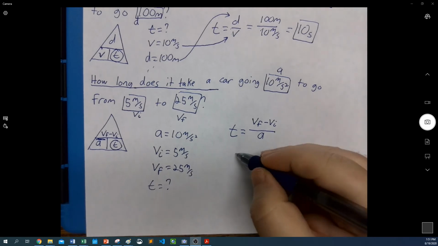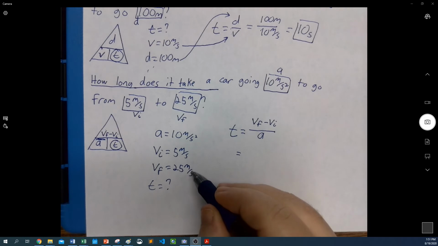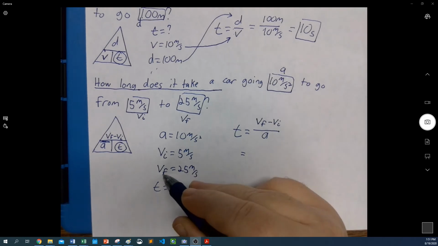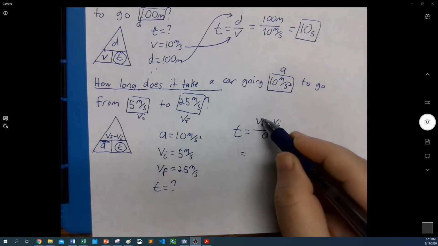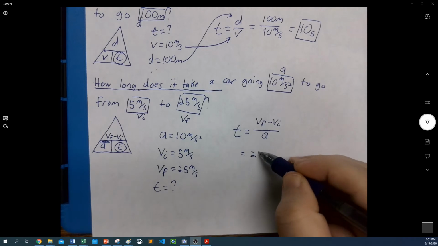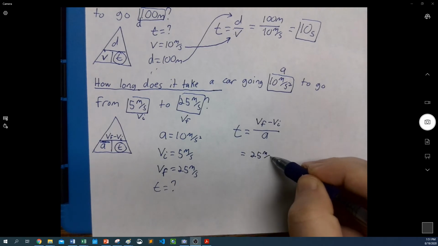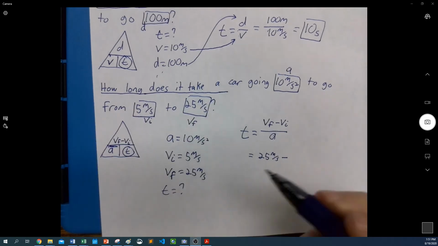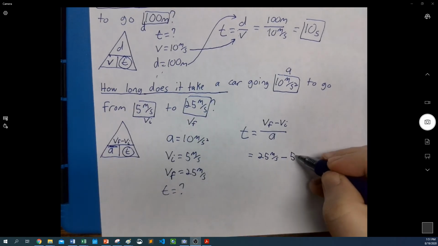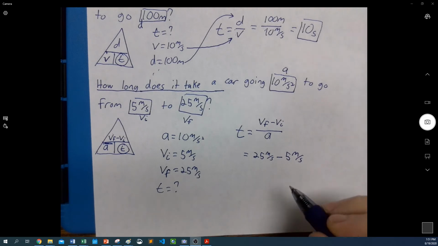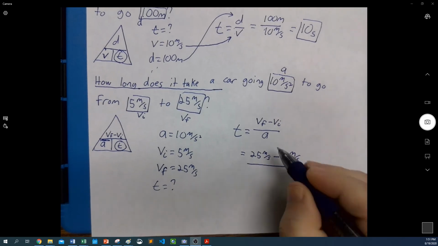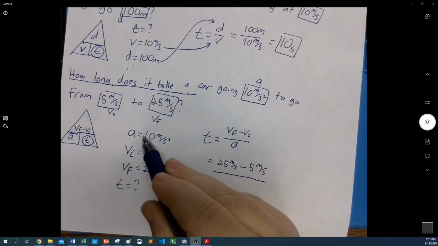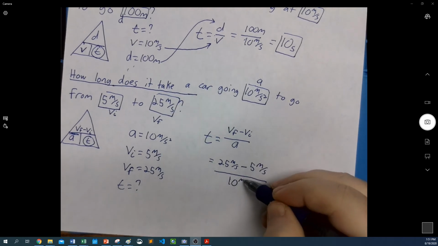So plugging these numbers in, 25 is the final, so it goes in here, minus initial is 5 meters per second, divided by acceleration is 10 meters per second squared.